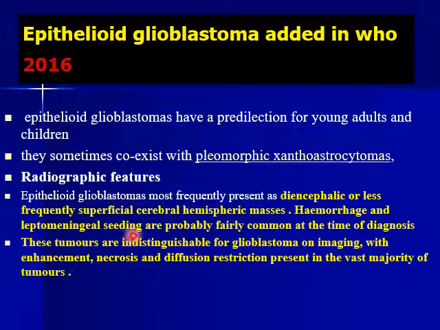Hemorrhage and leptomeningeal seeding are probably fairly common at the time of diagnosis. These tumors are indistinguishable from glioblastoma on imaging, with enhancement, necrosis, and diffusion restriction present in the vast majority of tumors.